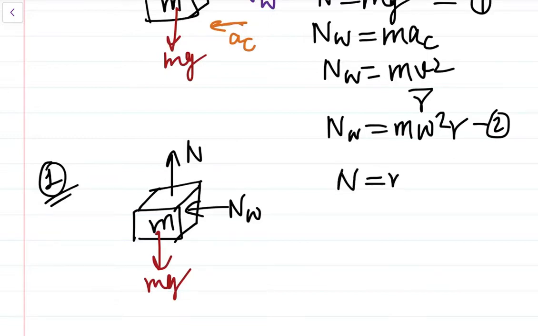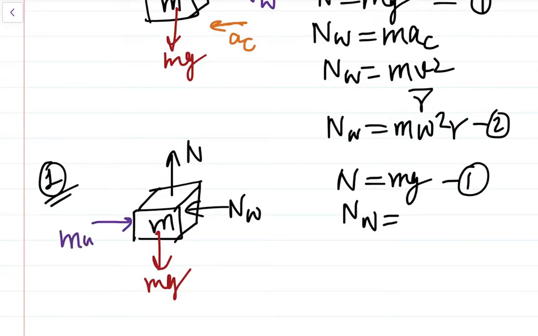N is equal to mg, equation number 1. Now what will come here? There is no acceleration, so I will just write Nw, but what is it balancing? It is balancing nothing. So we have to apply an equal and opposite force m omega squared r here, to satisfy the equation.